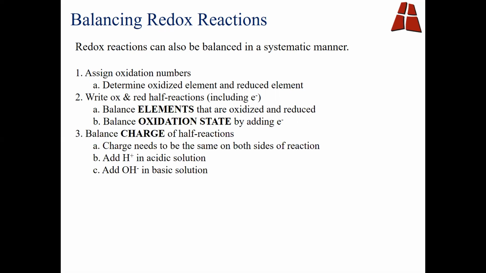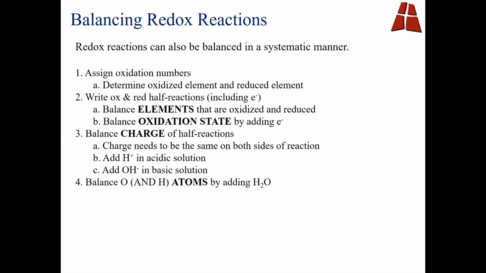Our third rule is to balance the charge of the half reactions with either H+ or OH-. With all of these redox reactions, I will tell you to balance it in either acidic or basic solution, and you would do that by adjusting the charge with H+ or OH-.